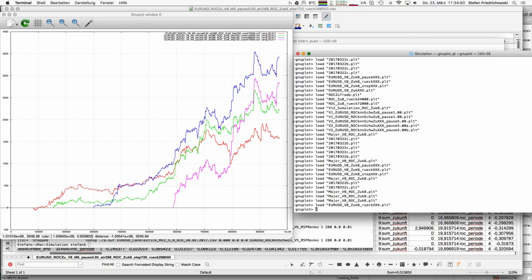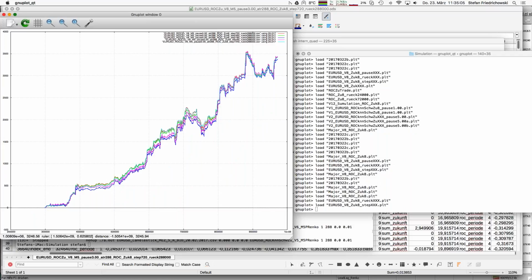The other point of interest is, what about changing the step size? So how often do I repeat setting up new rules? In my first graph, it was every 720 candles. So now I have different step sizes here, like 720 candles, 360, 180, and so on and so forth. And you see there's no real big relationship to that step size.